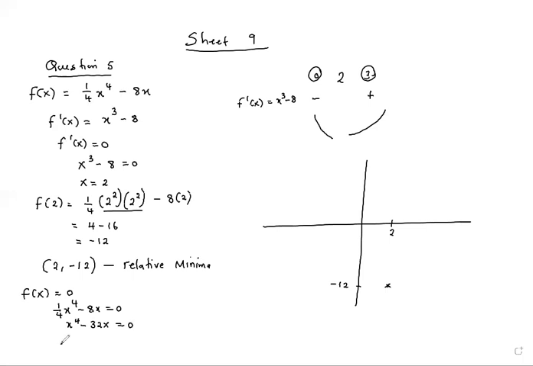And then we factor out x. We remain with x cubed minus 32 is 0. So x is 0 or x cubed is 32. So we have 0 or the cube root of 32.